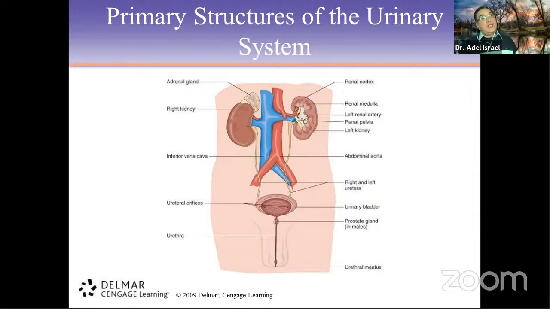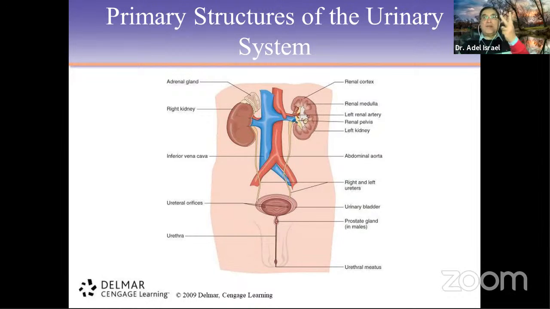All right, so this bladder has three openings or three holes. I need you to focus on this diagram. What are these three holes you see? 1, 2, 3. You see my cursor? 1, 2, 3. So what are these three holes? This is an exam question: the bladder has three holes.